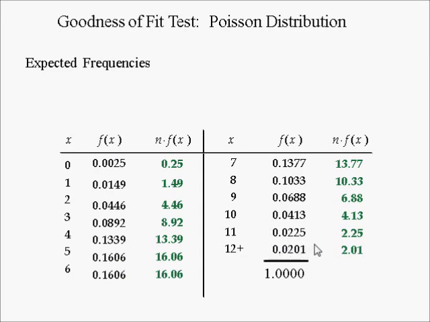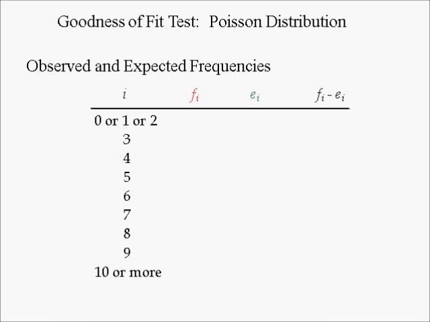This right here is the probability that x is equal to 12 or greater than 12. When I sum up the last column, I get 100. This is the column of expected frequencies, and it has to equal the sum of the observed frequencies.